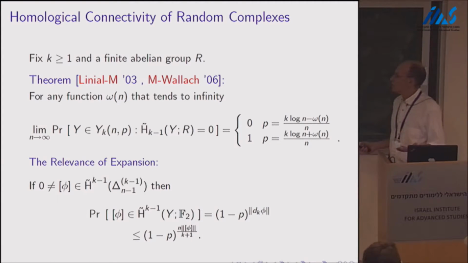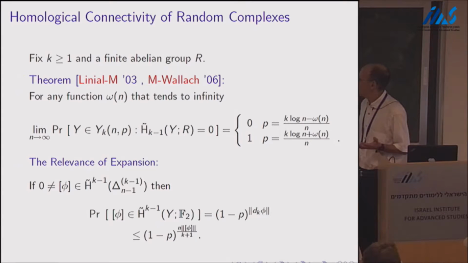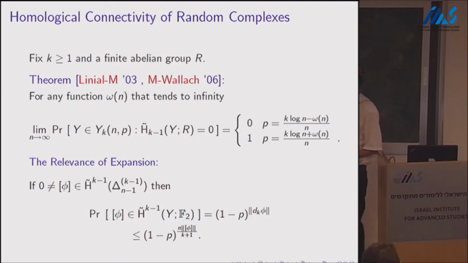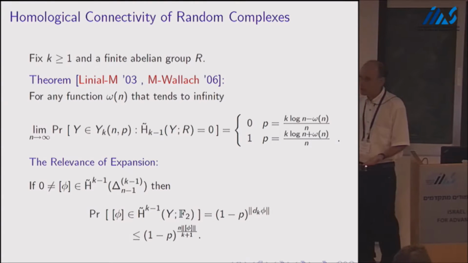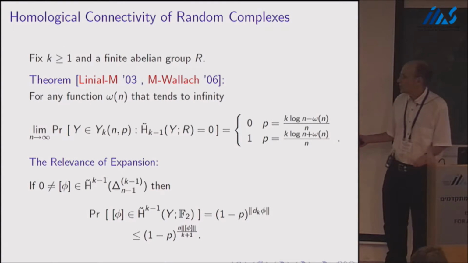Okay, what is the relevance of expansion? The relevance of expansion to this question is very, very simple. Let's look again at the bottom line. We have many (k-1)-cochains, and if you are looking only at the (k-1)-skeleton, all of them are cocycles.